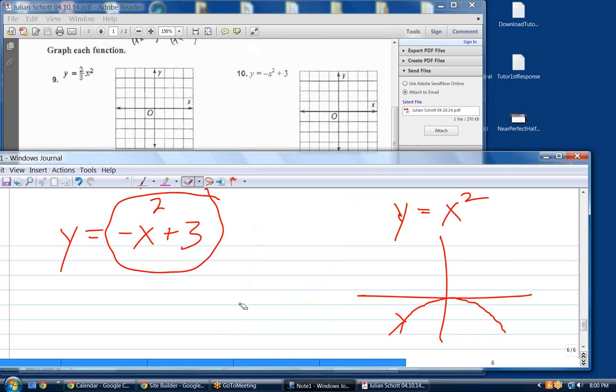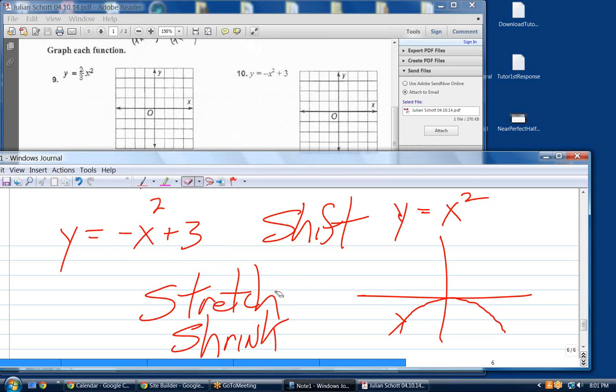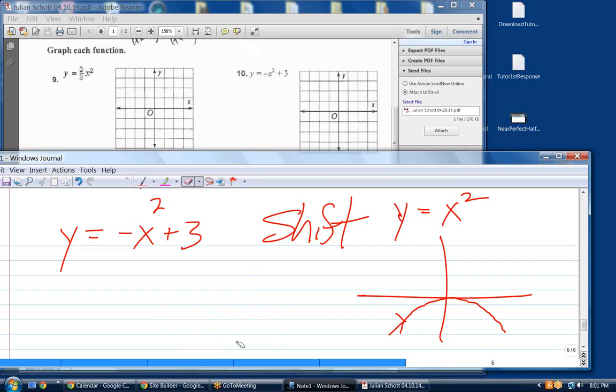So make sure you remember the 3 words that are involved. We have stretch and shrink. Those both change the shape. And then we have shift, which moves it up or down or right or left, depending on whether it's added to the function or part of the function. If it's added to the function, it's a vertical shift.